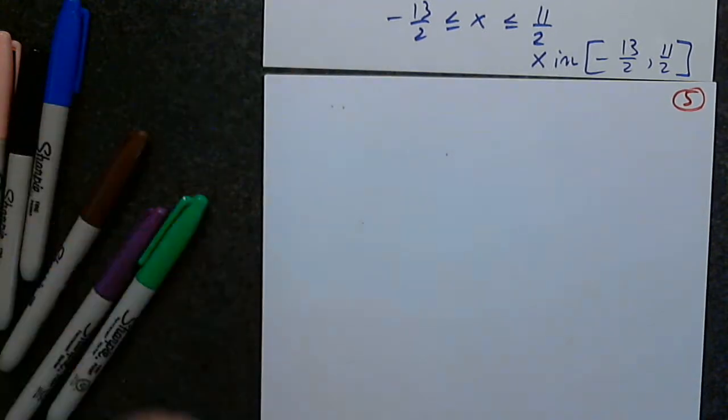So if it was open-ended on one side, it would just be positive or negative infinity. It's not going to happen for this type of inequality because this is an AND type of inequality. X is greater than -13 halves and less than or equal to 11 halves. So it's always going to be in between something. This is always an interval.